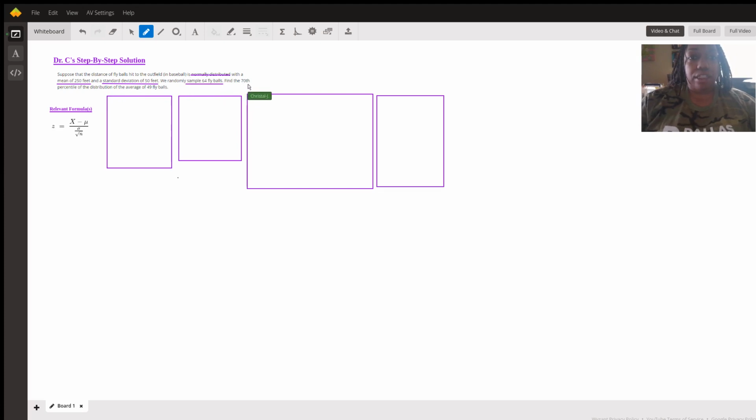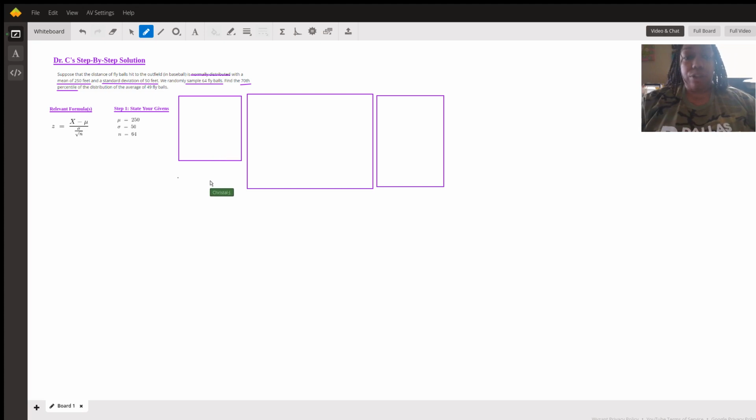And then we're finding the 70th percentile. So step one is to write out your givens: the population mean of 250, population standard deviation of 50, and the sample size is 64.